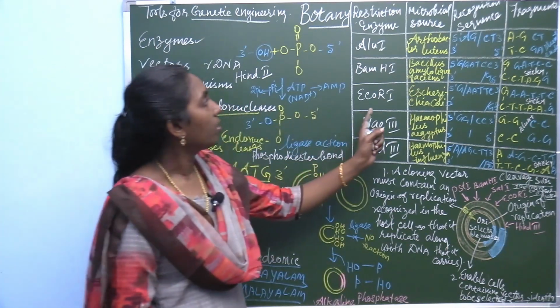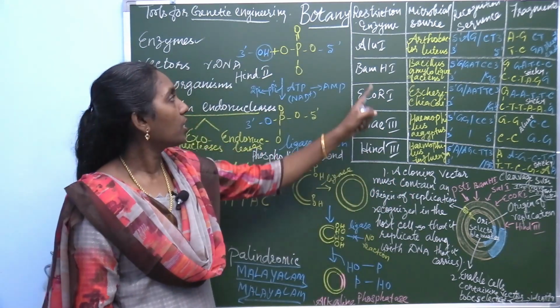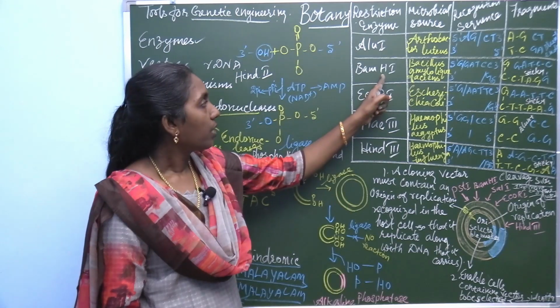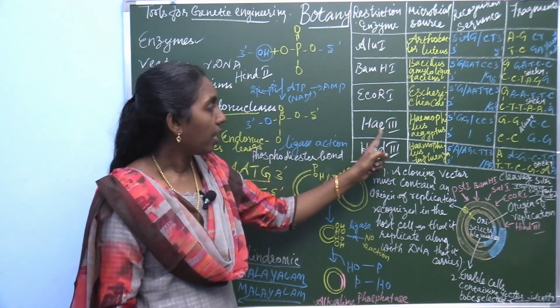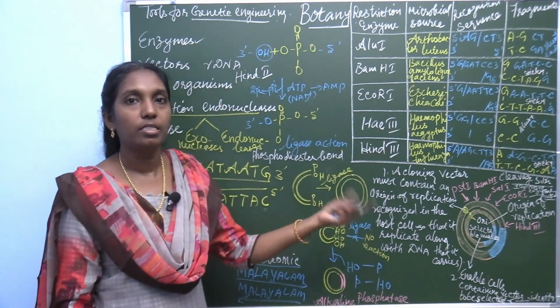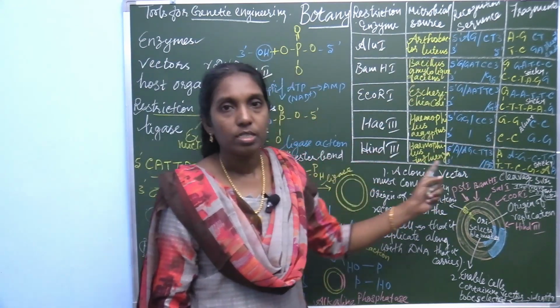Now there are some examples here. Look at this table. There are different types of restriction enzymes, namely AluI, BamHI, EcoRI, HaeIII, HindIII, HindII, and so many more. This table is given in your book.